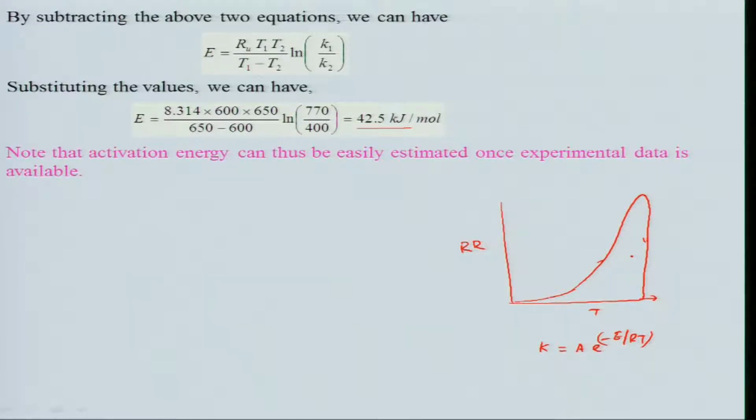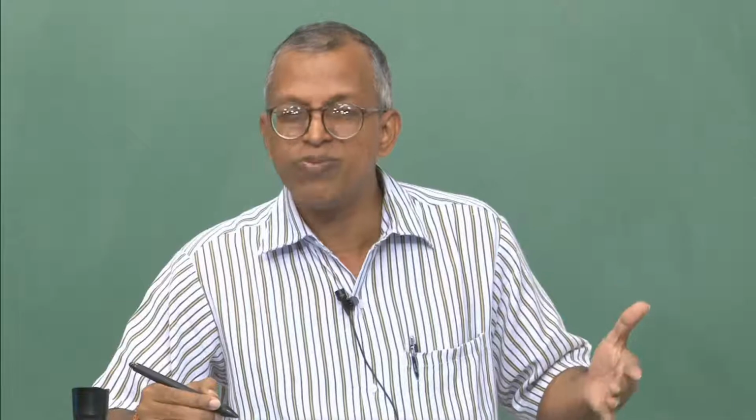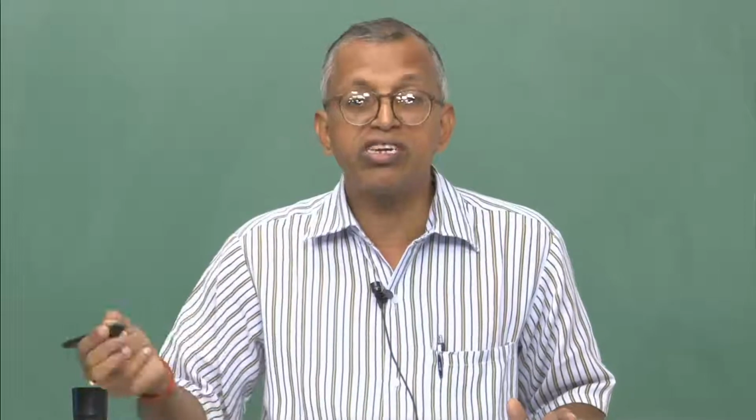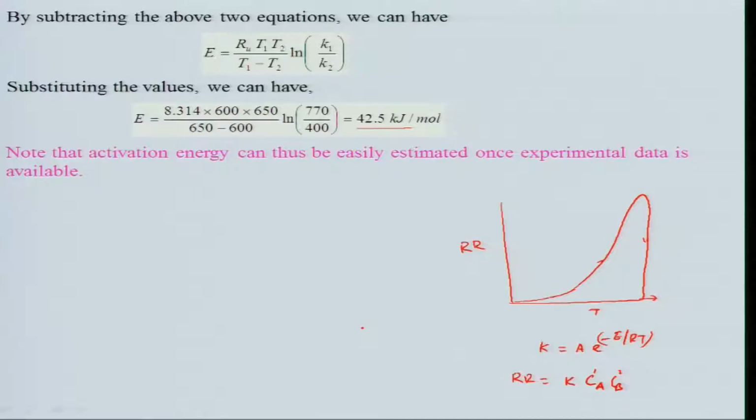Because whatever participating species are there, they get consumed, and if the concentration is not there, the reaction rate, which will be k times C_A, C_B, or maybe power 1 or 2, something like that. If A plus B is going to D, or if A is reacting and going to C, this will be C_A C_B, right. So, if C_A comes to 0, what will happen to the reaction rate?